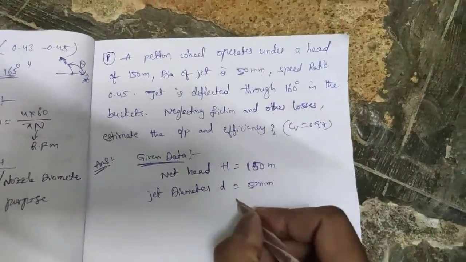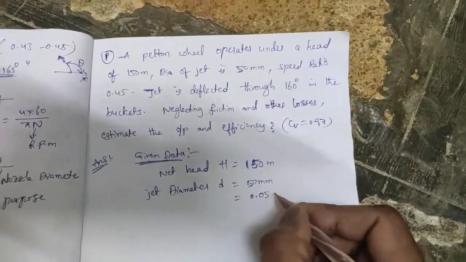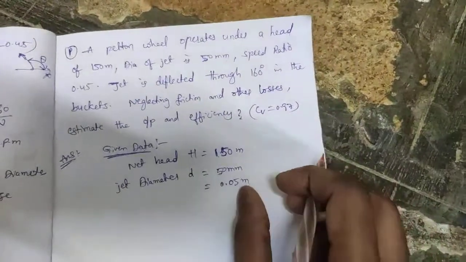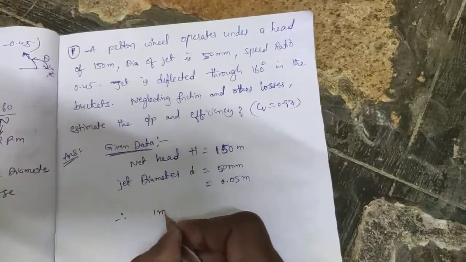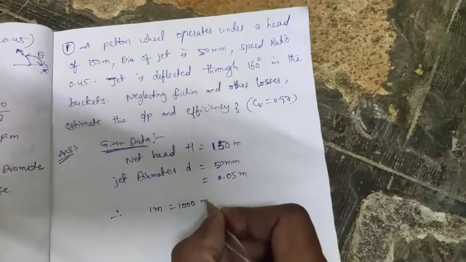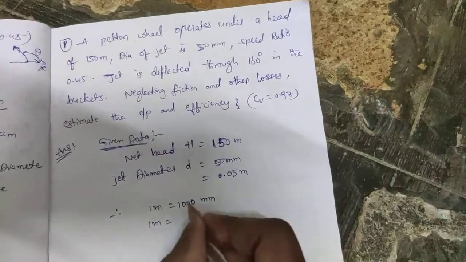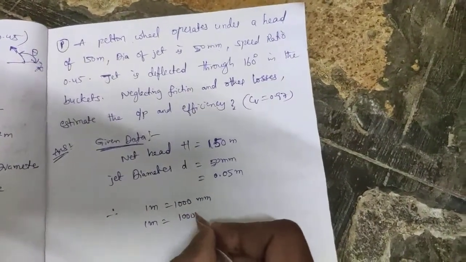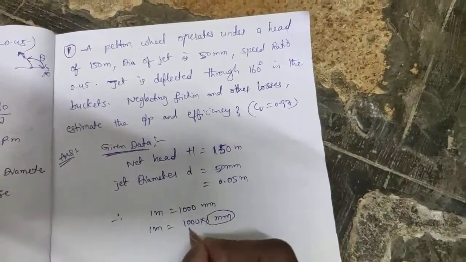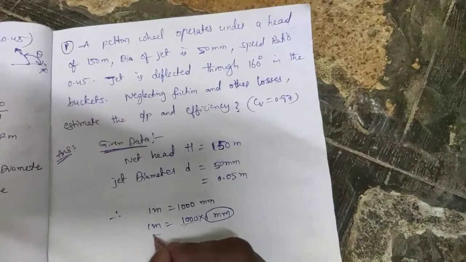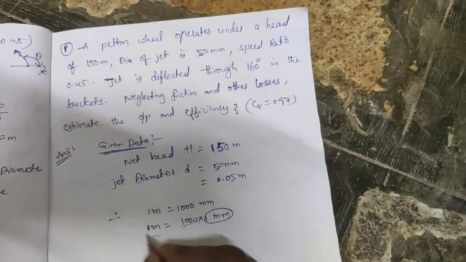So we need to convert this 50 mm into meters, that is 0.05 meters. How? We know 1 meter equals 1000 mm. Sending this 1000 to the other side, 1000 comes in the denominator.